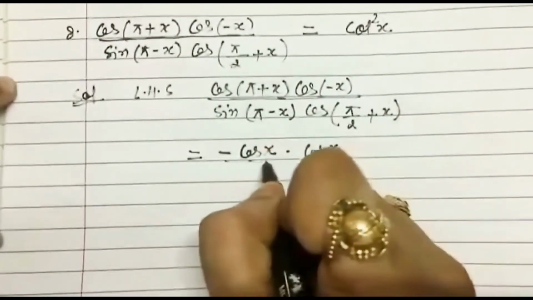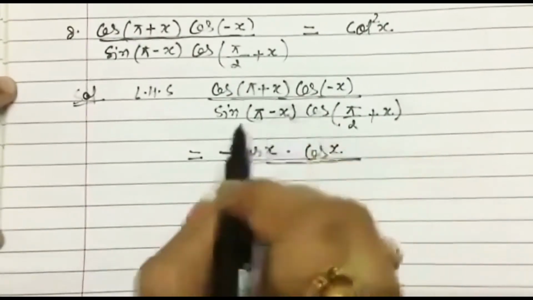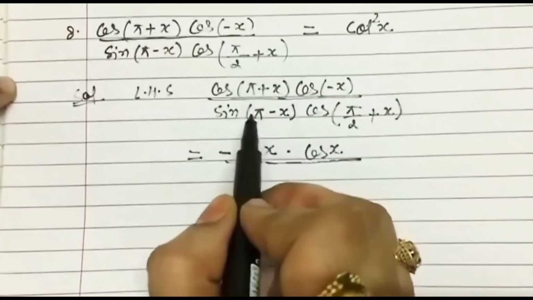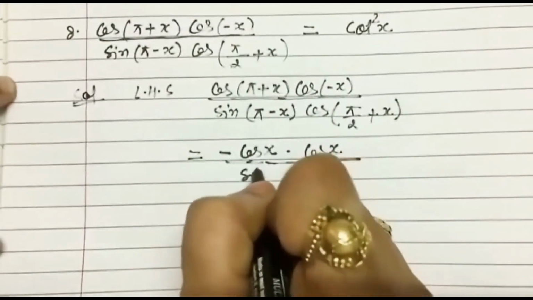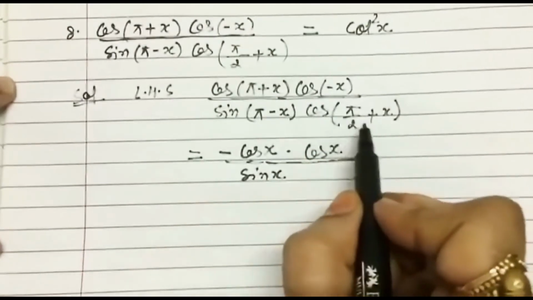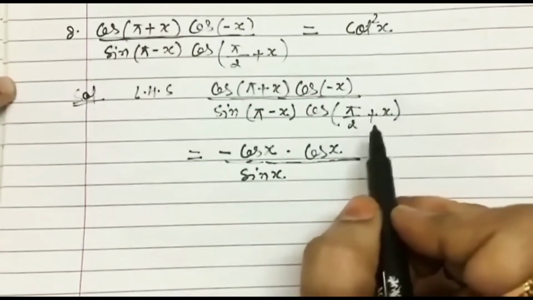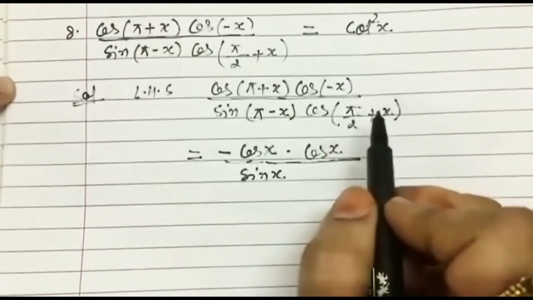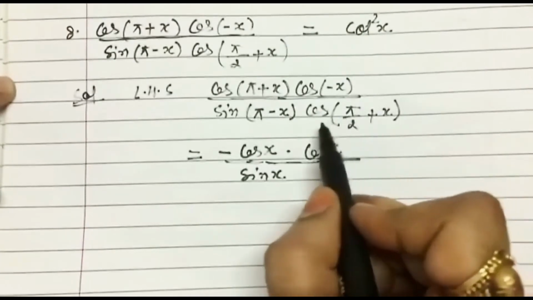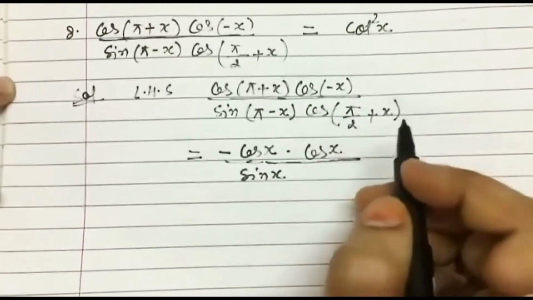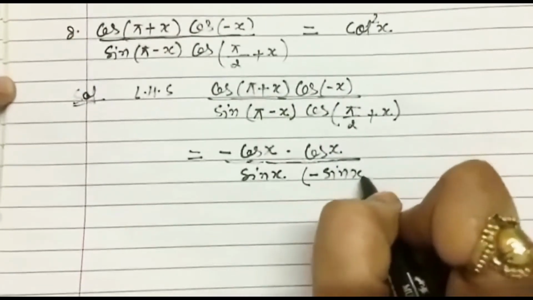And here sin(pi minus x) is in the second quadrant. In the second quadrant sin is positive, so it is only sin x. Now pi by 2 plus x is in the second quadrant, and in the second quadrant cos is negative. So take the minus sign, but here it is pi by 2, so cos will change into sin, and from here you will get minus sin x.